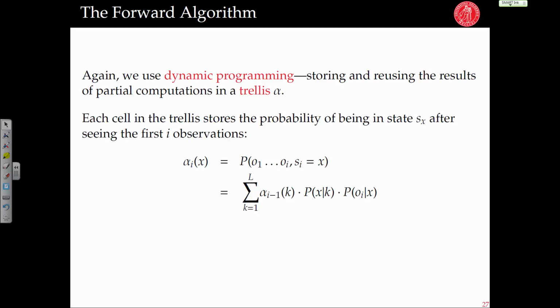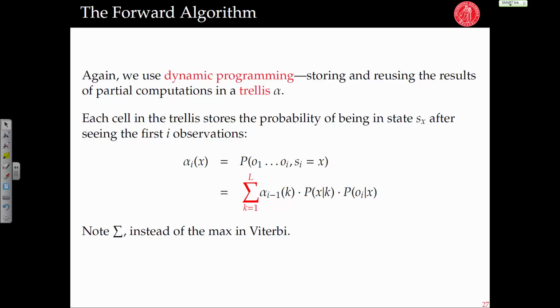So for all states K, 1 to L, for all preceding states, we look up the value alpha I minus 1 of state K, multiply that by the transition probability of x given K, and the emission probability of the observation I given the current state x. So we're basically using the sigma here, the sum, instead of the max. Is this clear? Do you see the difference?